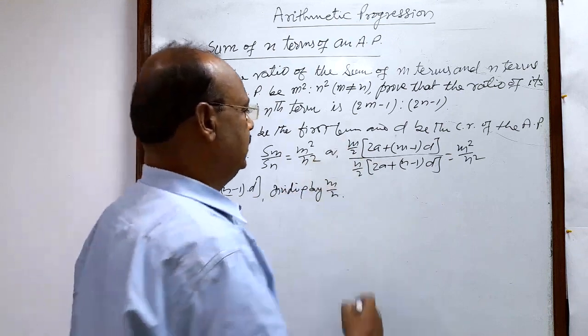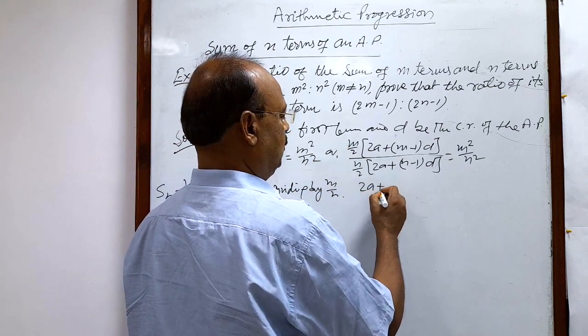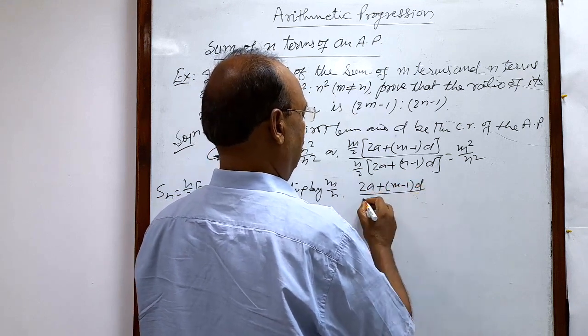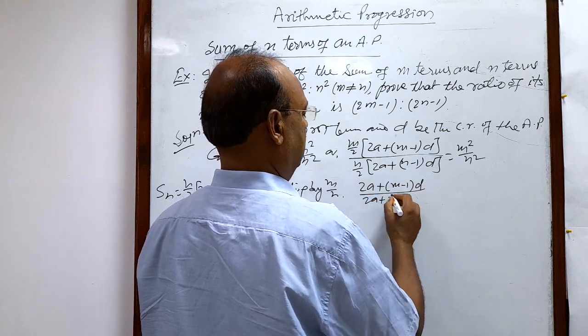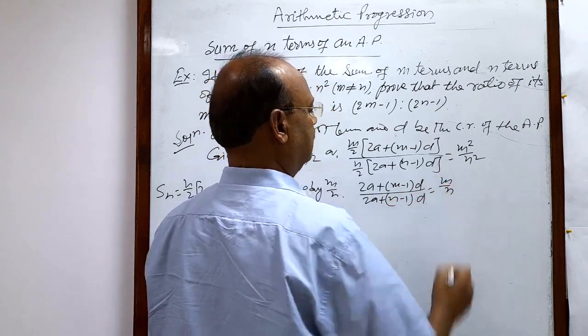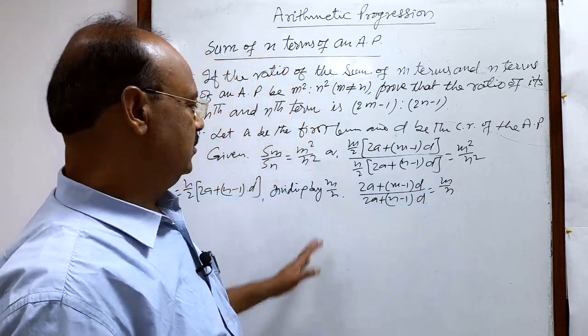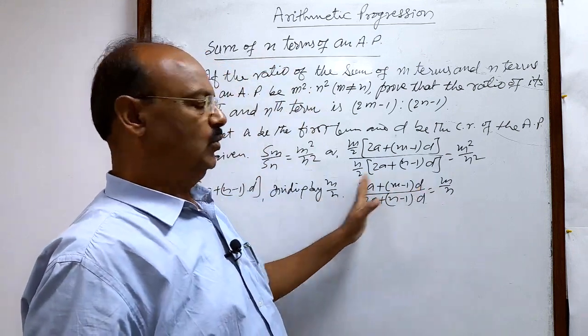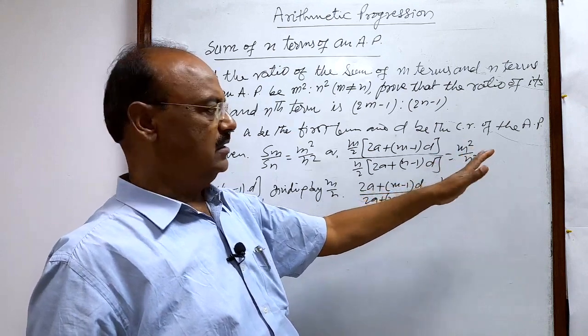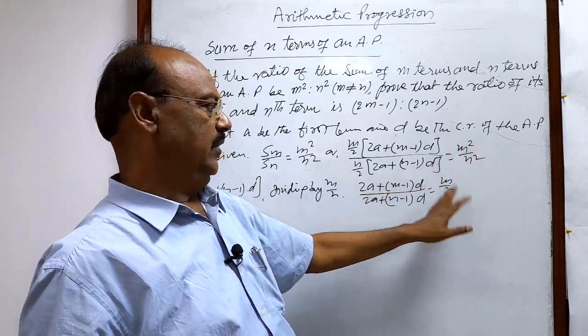So we are getting simply (2a plus (m minus 1) into d) upon (2a plus (n minus 1) into d), and this is equal to m by n. Since we have divided both sides by m upon n, one m by n is cancelled out, and one m by n will remain here.